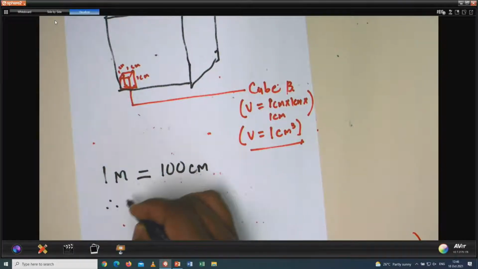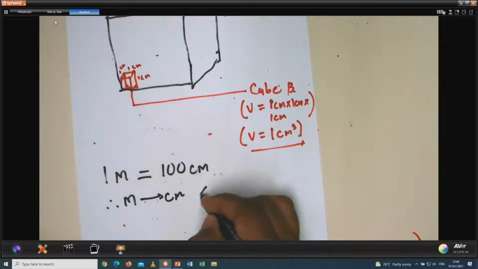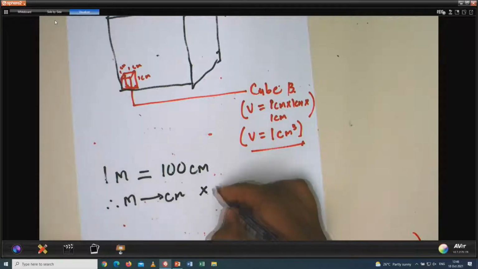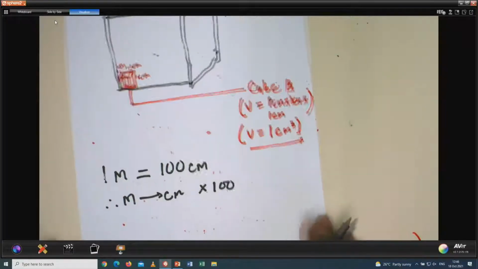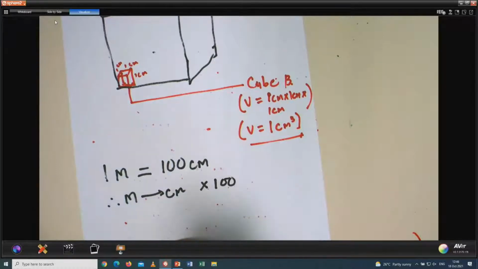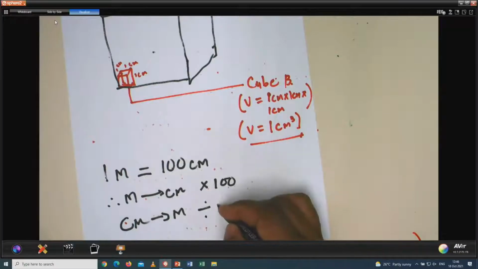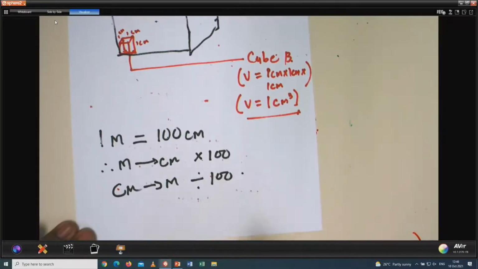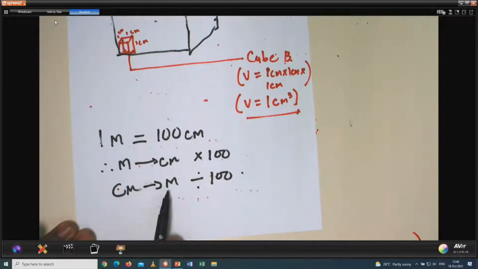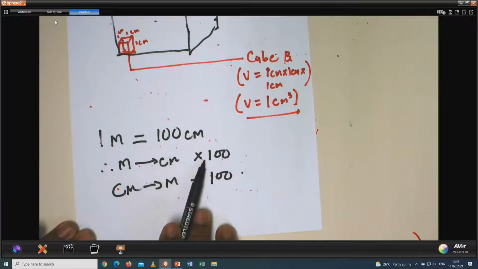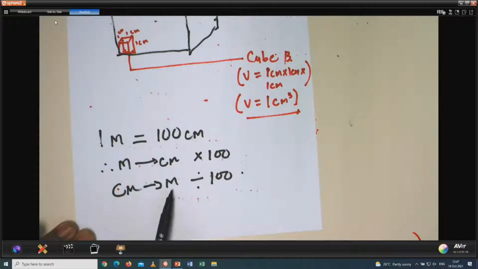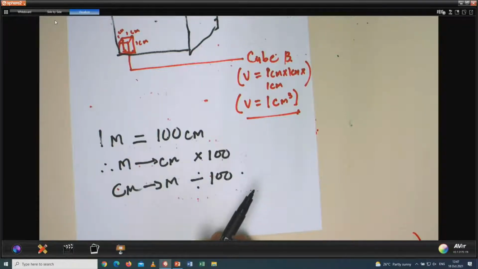Therefore, the relationship from meter to centimeter is that we multiply by 100, and vice versa, centimeter to meter, we divide by 100. From small to bigger we divide, but from bigger to small we multiply. Meter to centimeter, multiply by 100, and centimeter to meter, divide by 100.